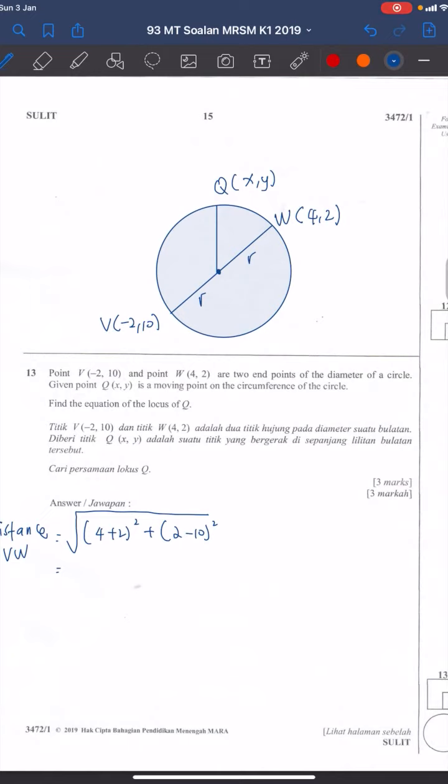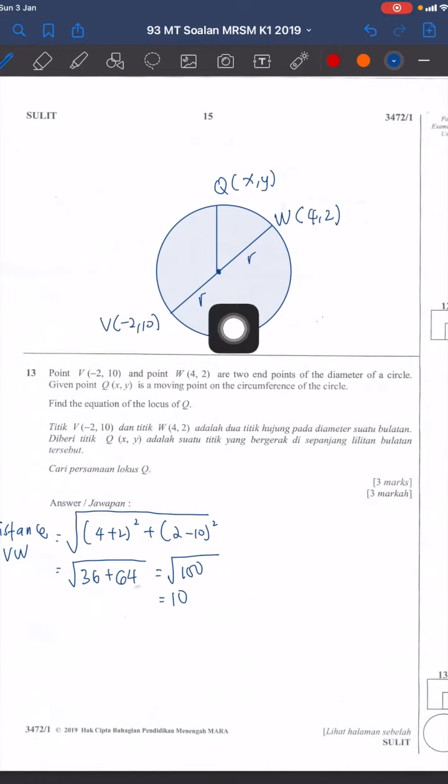So 4 plus 2, 6 square is 36, plus 2 minus 10, negative 8 square is 64. So kita akan dapat square root of 100, which is 10. Okay, so kita tahu distance is 10, so radius is 5.